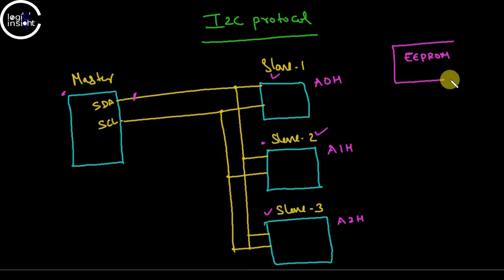An EEPROM is a device which is used to store data. The device has an address, consider the address as A0H. A0 is the address of this device, which means whenever we want this device to work, we have to first send this address. Internally there is a memory, and for each memory location there will be an address.